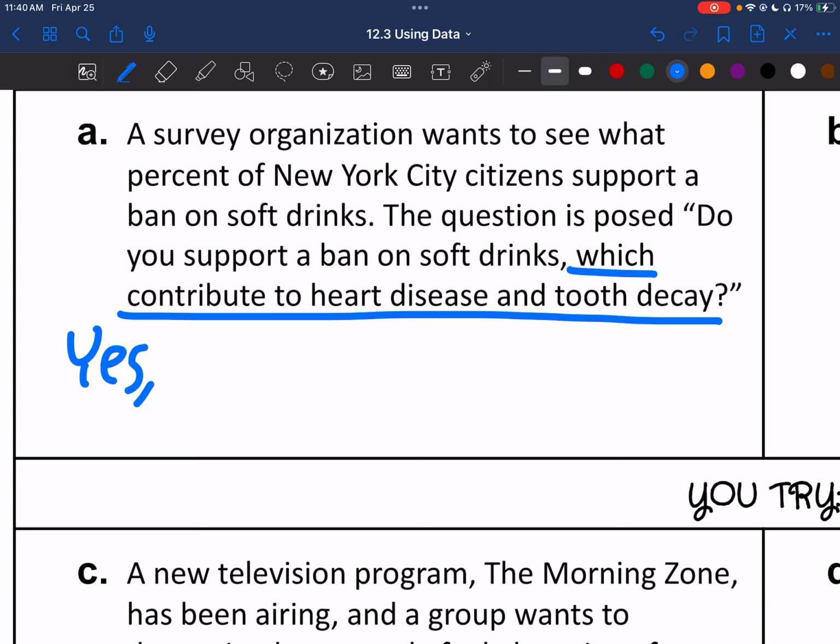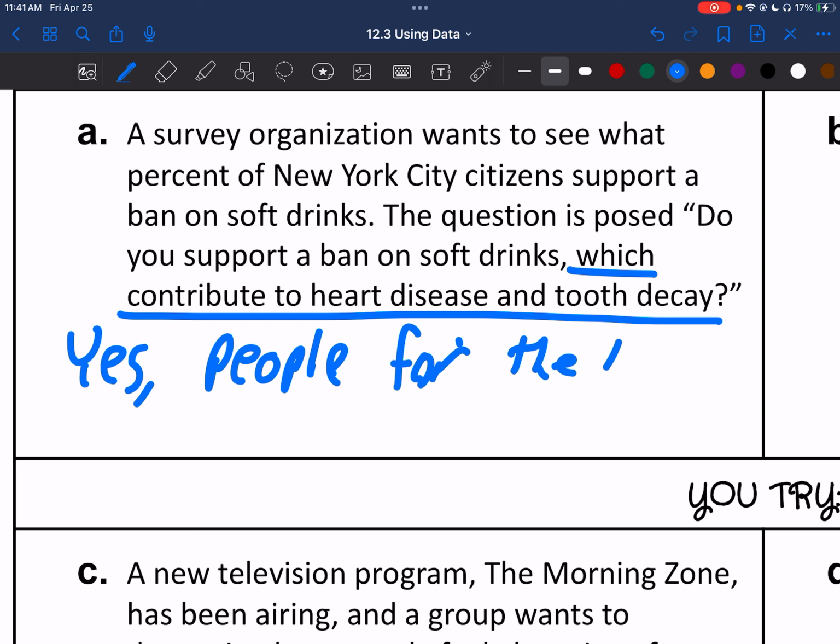This is going to support people who are for the ban on soft drinks. By including information saying it's contributing to heart disease and tooth decay, that might lead people to support a ban that they might not otherwise have supported.